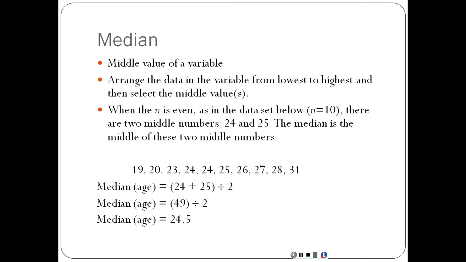So we would take the average of these two middle numbers. We're adding them up, which is 49, divided by 2, which would then be our median age of 24.5.